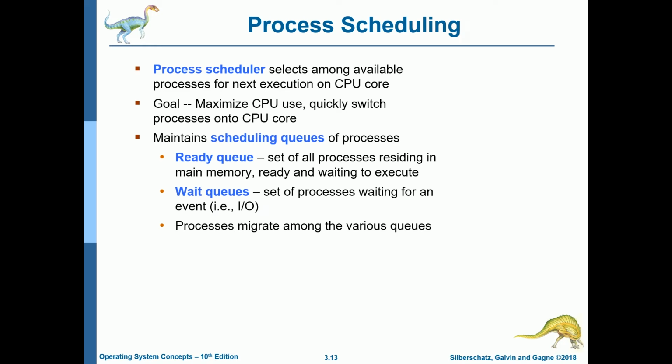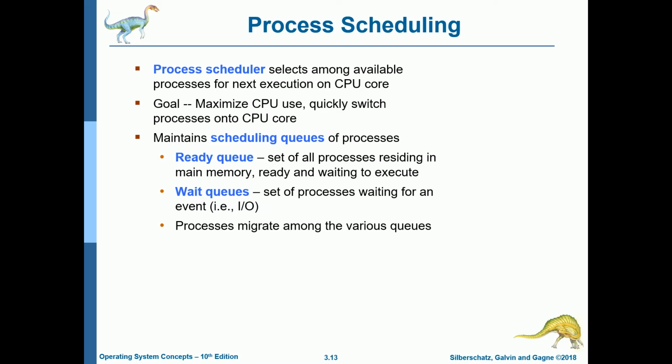Now, the objective of multi-programming is to have some process running at all times, so that we maximize the CPU's utilization. The objective of time sharing is to switch a CPU core among the processes so frequently that users can interact with each one of the programs while they're running.